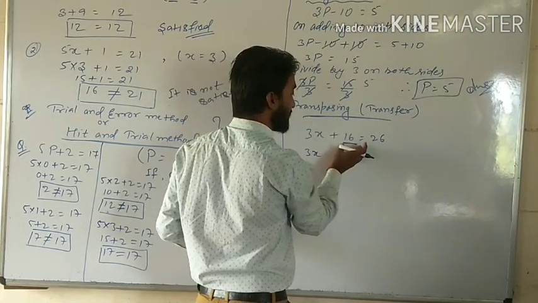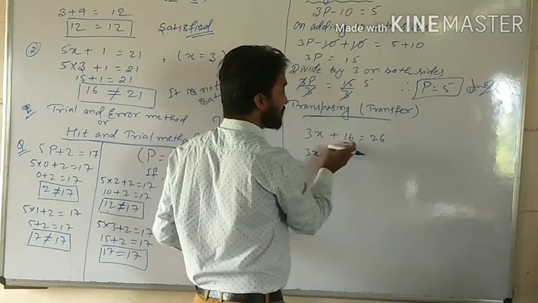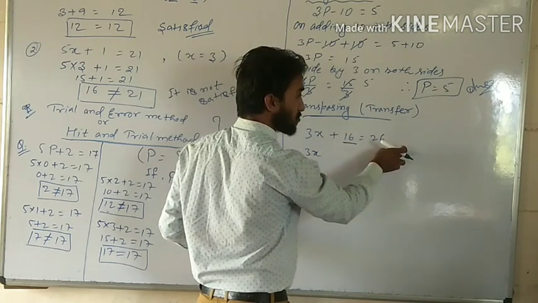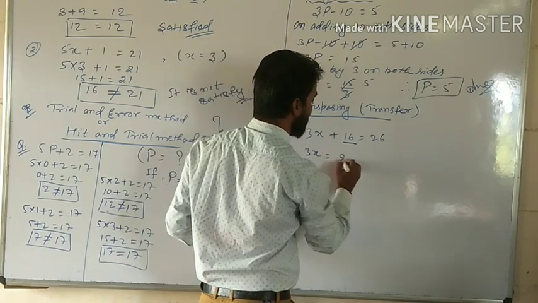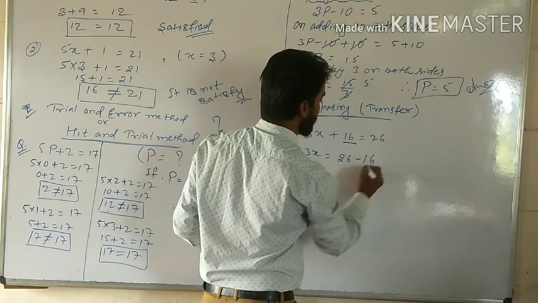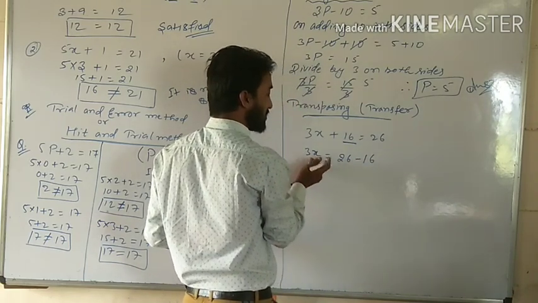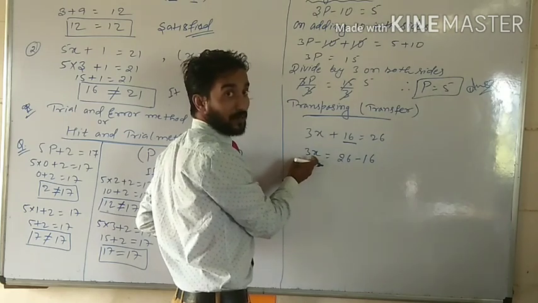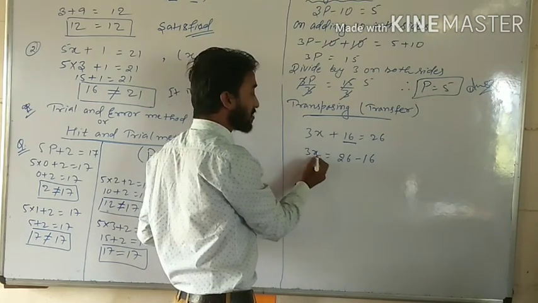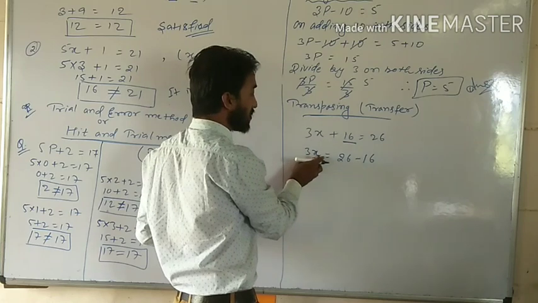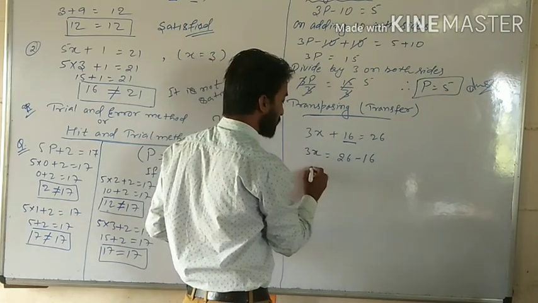So we can consider it is positive, it is in plus sign. So when it is transposed to RHS, what will happen? It will be 26 minus 16. Students, now we can see 3x. This 3x is in multiplication on this side, and we have to find the value of x. So this 3 will transpose to that side. What will happen?